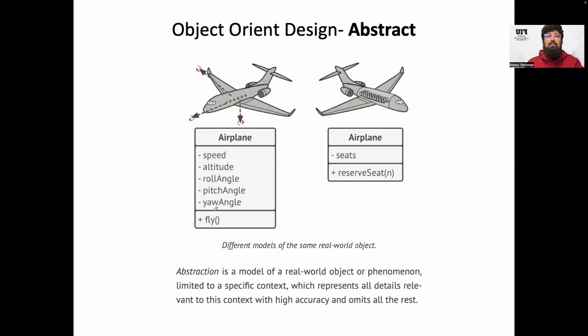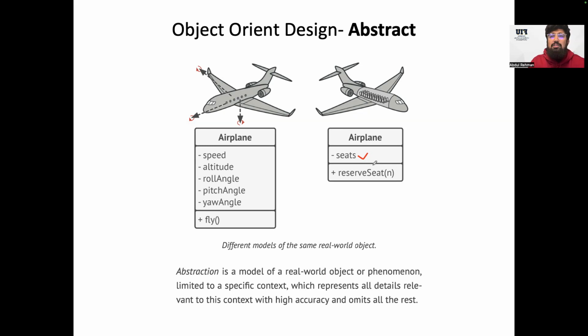So let's start with abstraction. Abstraction is just a model of a real object, and it does not have too many things. It may have some values in it, it may not. It is something that everybody can extend. Let's say I have an aeroplane class. The aeroplane has seats.